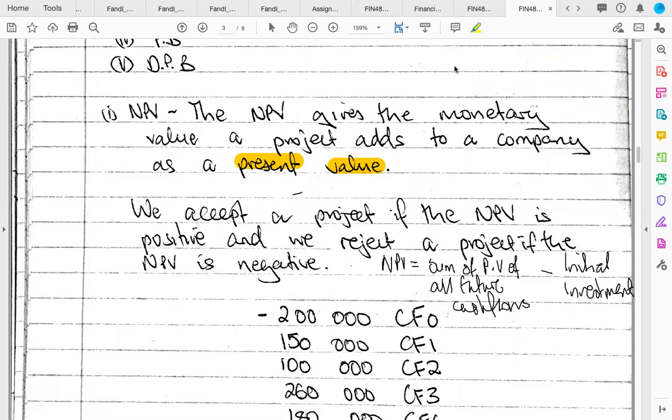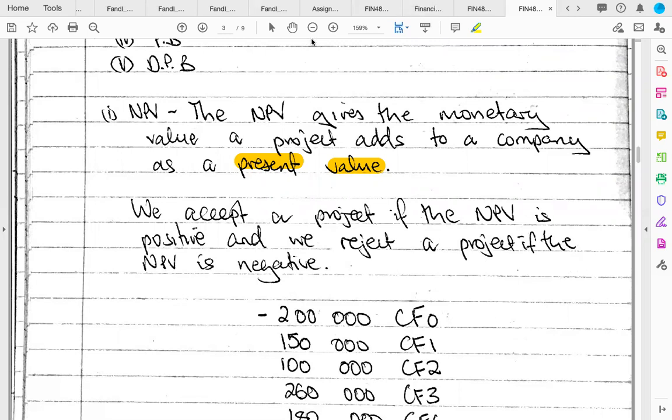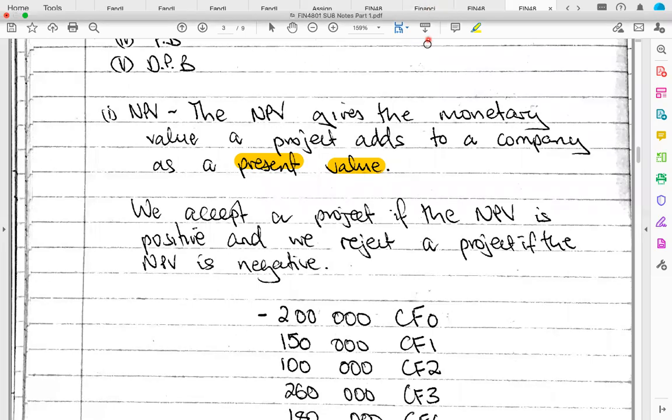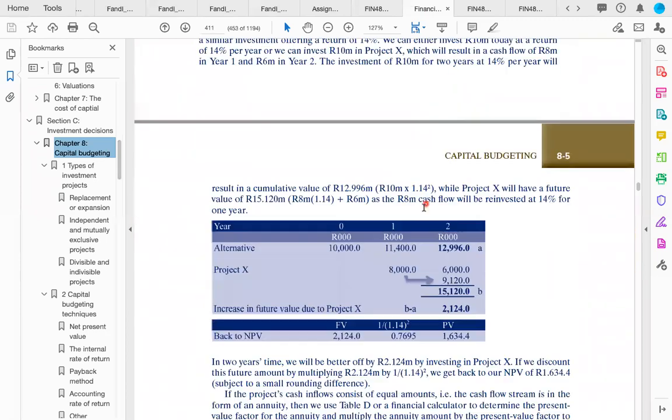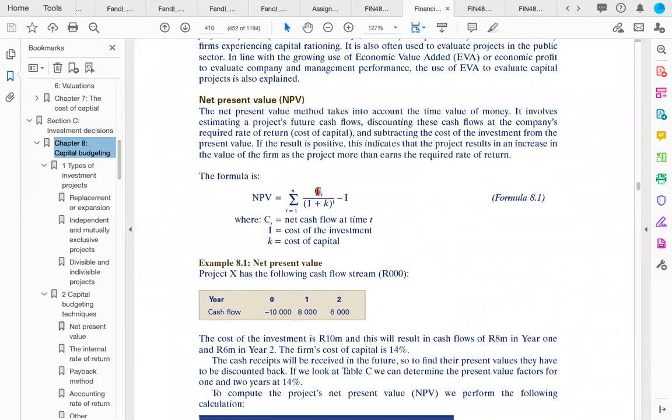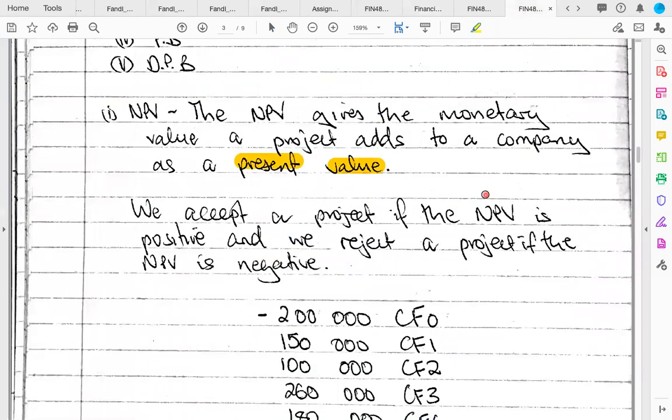If you look at the prescribed textbook, they give a formula like that, but you don't have to worry about that formula. Of course, we use our financial calculator, but this is the formula that they give: the sum of the present value of all the future cash inflows minus the initial investment, and then we get the NPV.